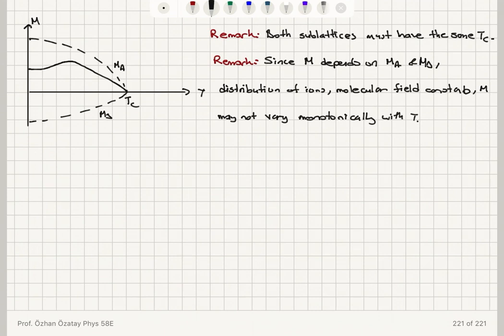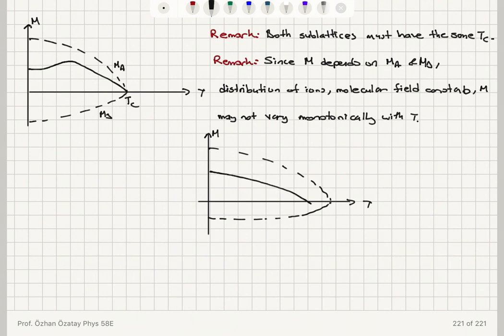Okay, so we may find, as an example, here is the A sublattice magnetization, here is the B sublattice magnetization, and what happens is that the total magnetization decreases and it becomes 0 first, and then it becomes 0 again.